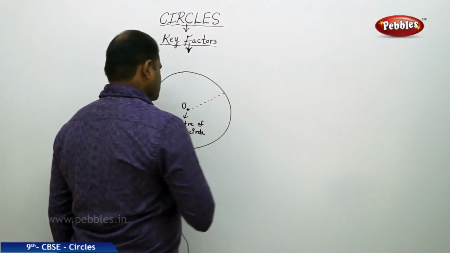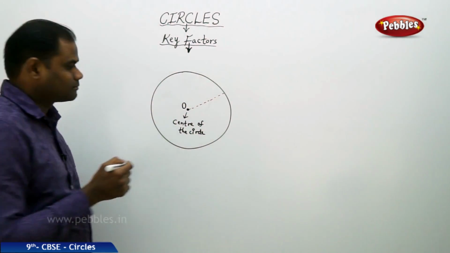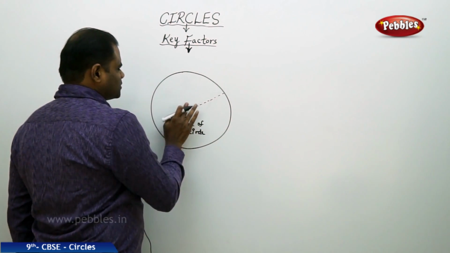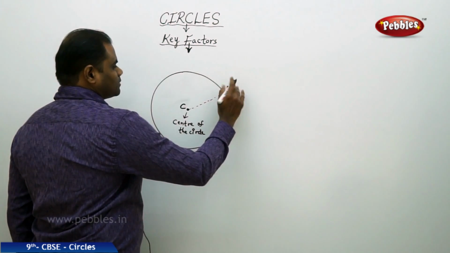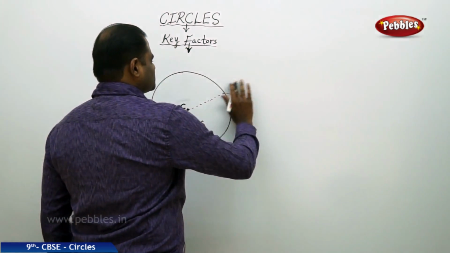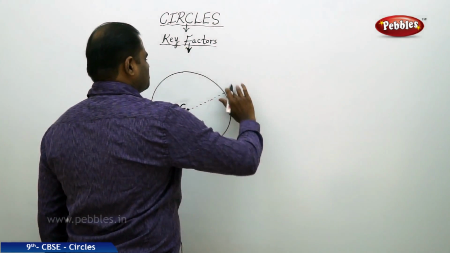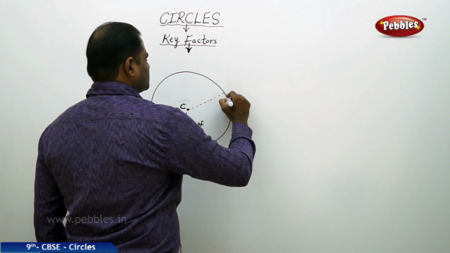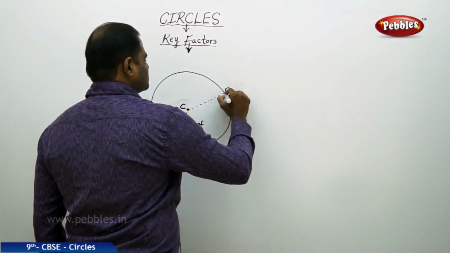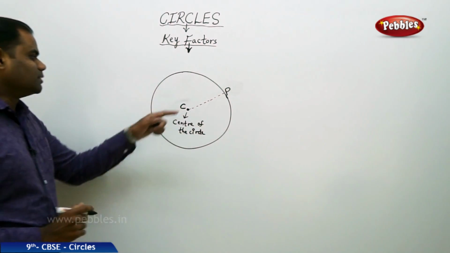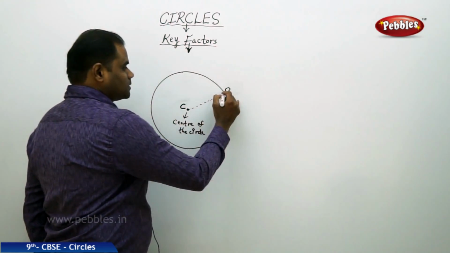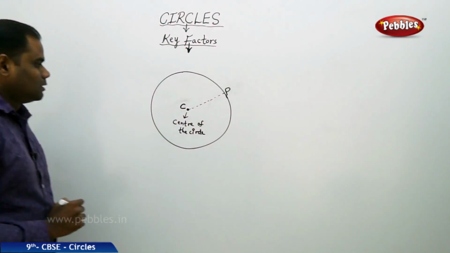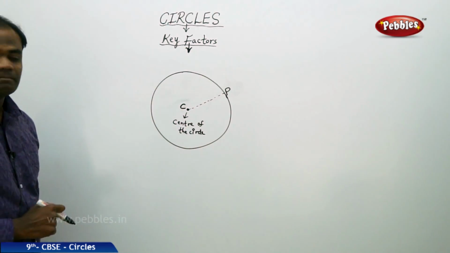The center is denoted by O or C, or generally I denote the center with C and my point on the circle to be denoted by some P. So P is a point such that the distance from center to one of the points of the circle is CP. So what is CP called?